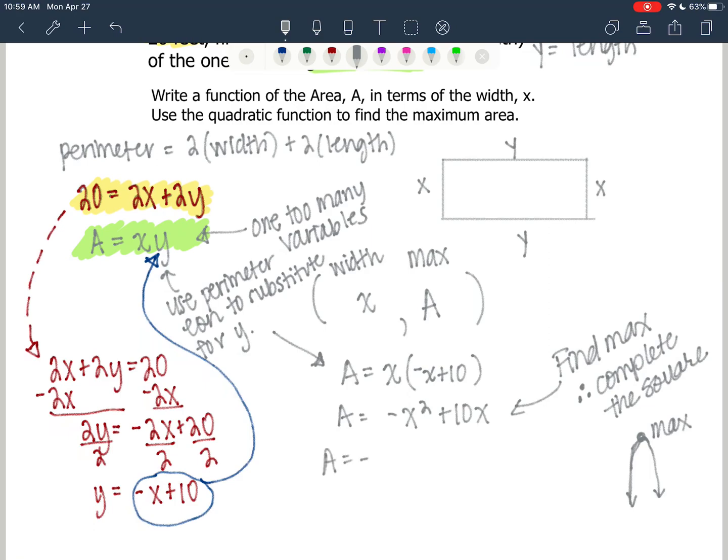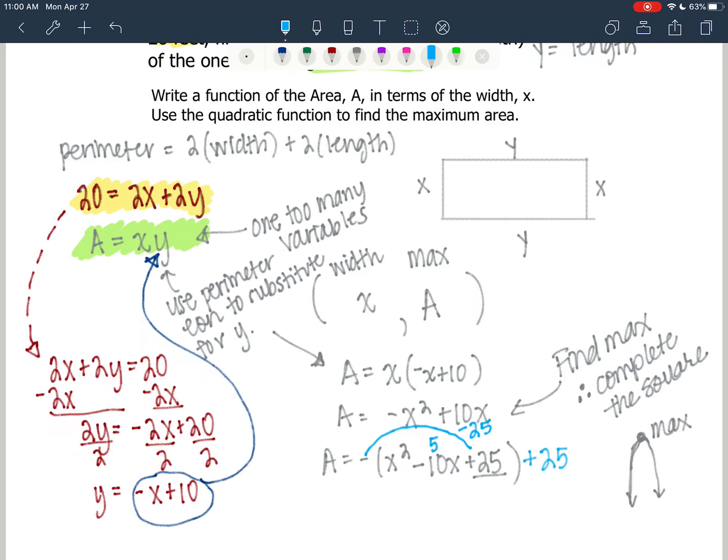So we'll just factor it out. And then we're going to complete the square. Half of 10 is 5. 5 squared is 25. Negative times 25 is a negative 25.